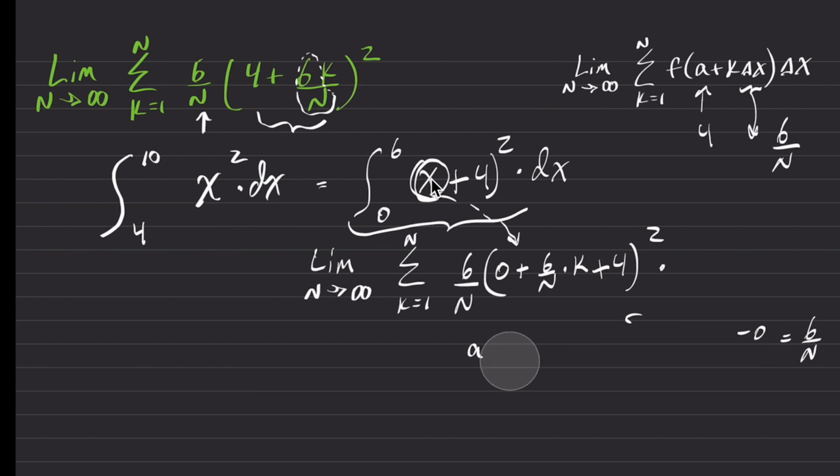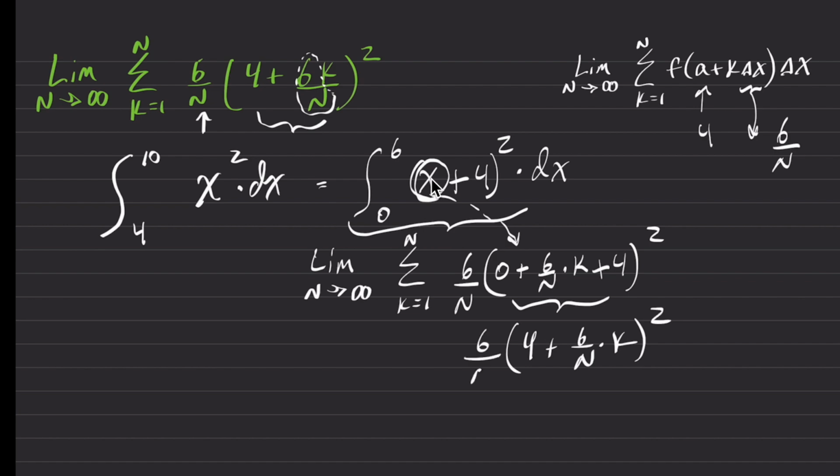And when we go ahead and simplify that, this will simplify to 4 plus 6 over n times k squared with 6 over n out front, and that is exactly what we had at the origin of this segment there in green.